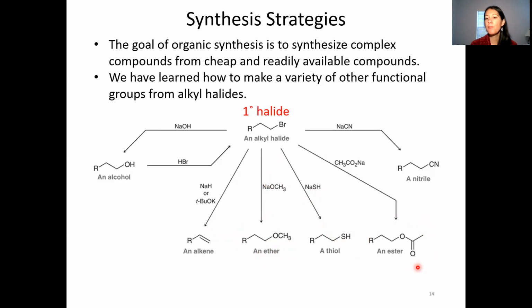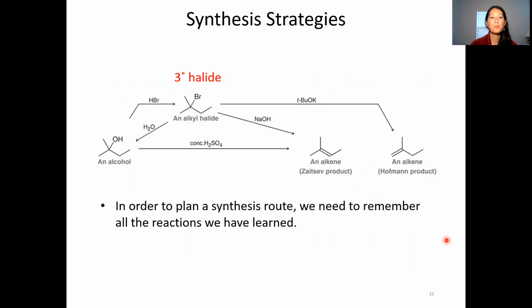An ester, how do you make that? You can see that if you could disconnect here and come in with an acetate, C double bond O-, that can be a nucleophile, kick out the bromide and generate your ester product. So very powerful methods to synthesize so many different types of organic compounds.